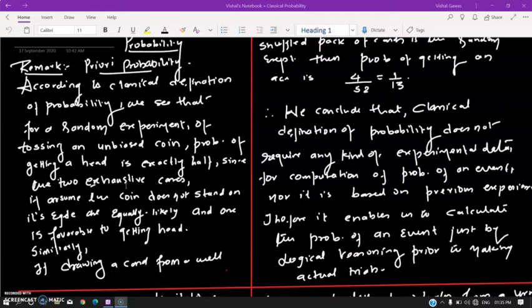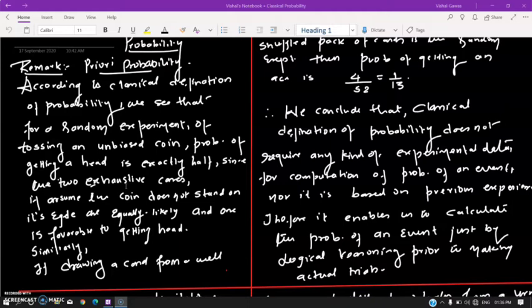It would be 4 by 52, since there are four aces, and I can pick any of the four aces. So picking each ace, the probability is 1/13. It's equal. That's the idea.